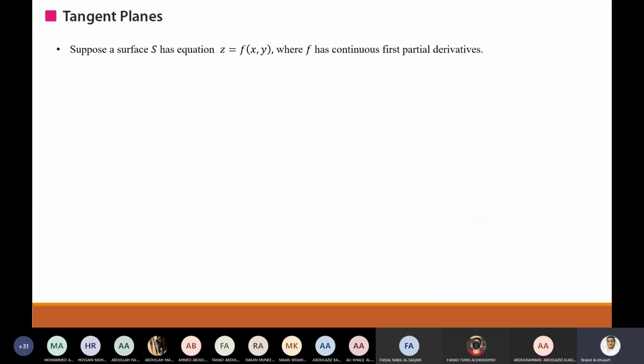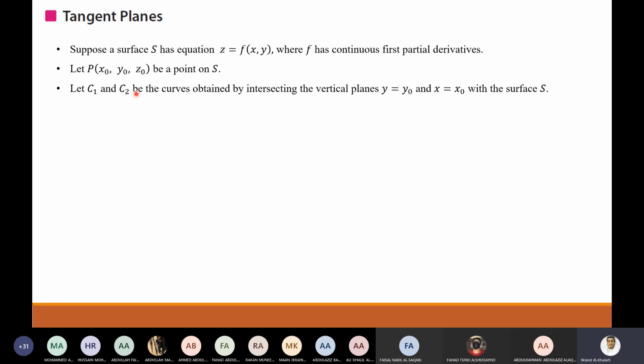Tangent plane, okay? So we start with the surface z equals f of x and y. Of course, we are talking about three dimensions. Pick a point P on the surface S. Let's have two curves, C1 and C2, obtained by intersecting the planes y equals y naught and x equals x naught with the surface, like what we did in the partial derivatives just minutes ago.